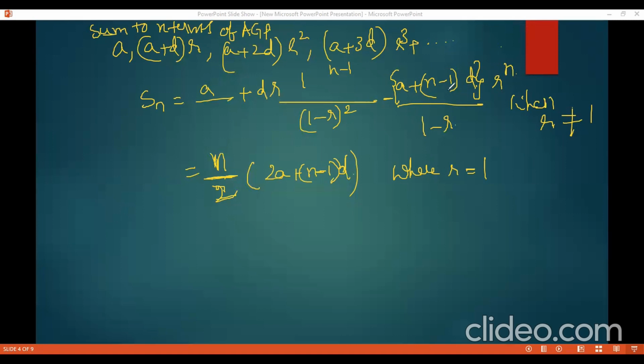Sorry, it is into r to the power of n, not whole to the power of r to the power of n, where r should never be 1.